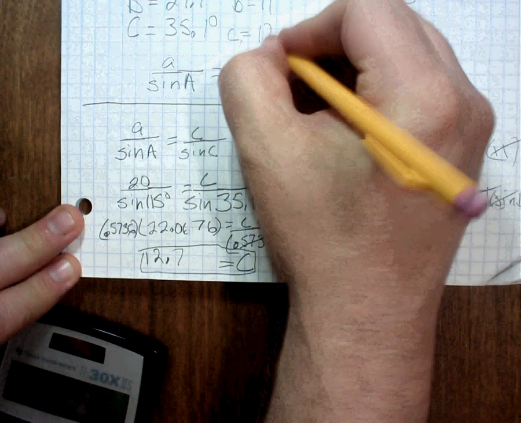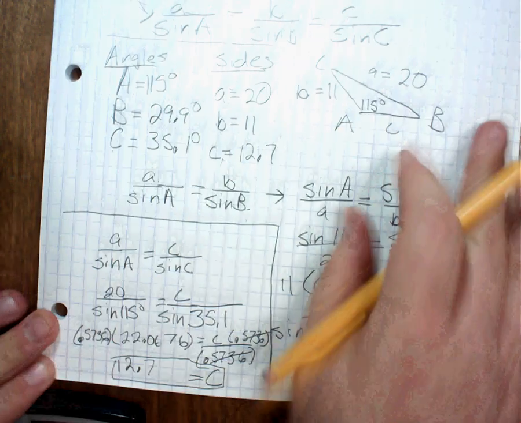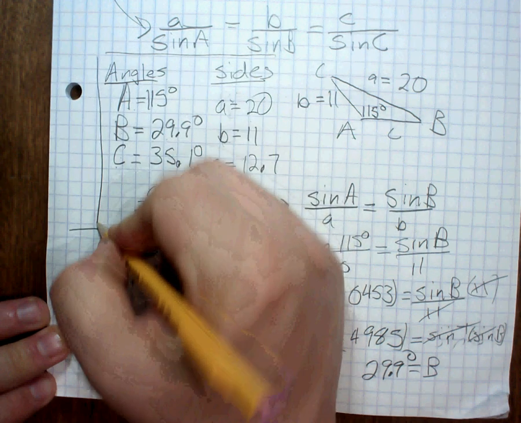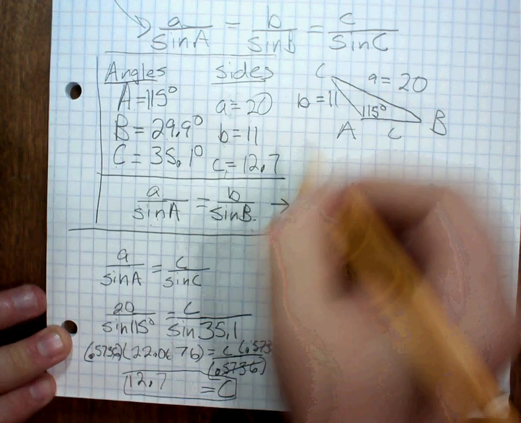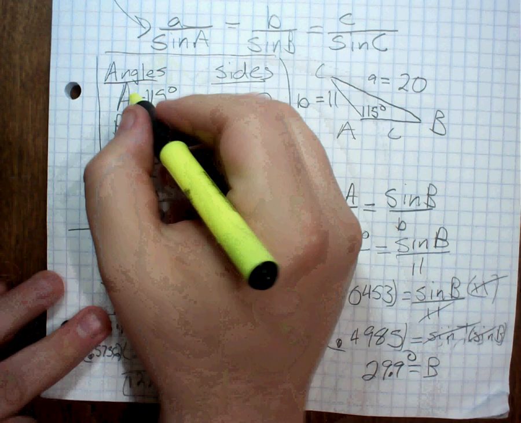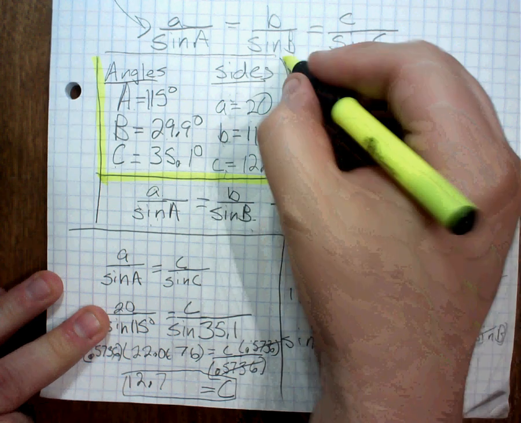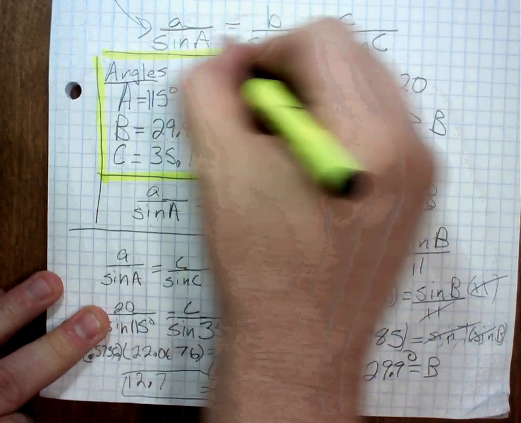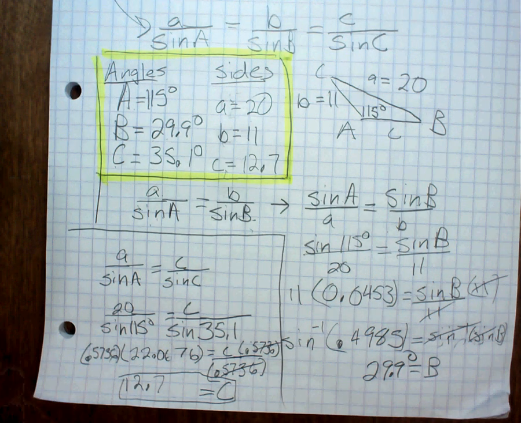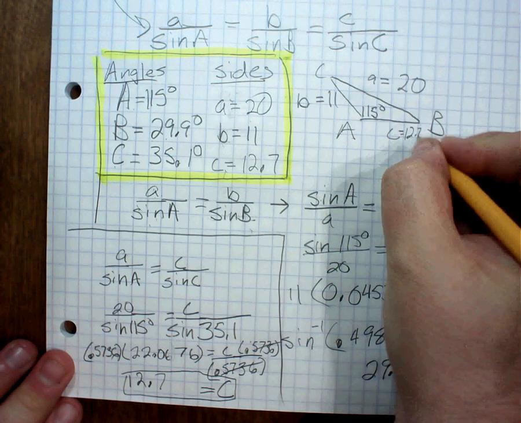So this is 12.7. This right up here is my actual answer to the question. What I did is I solved for this right here. We call that solving the triangle, and we used law of sines to do that. So lowercase c was equal to 12.7.